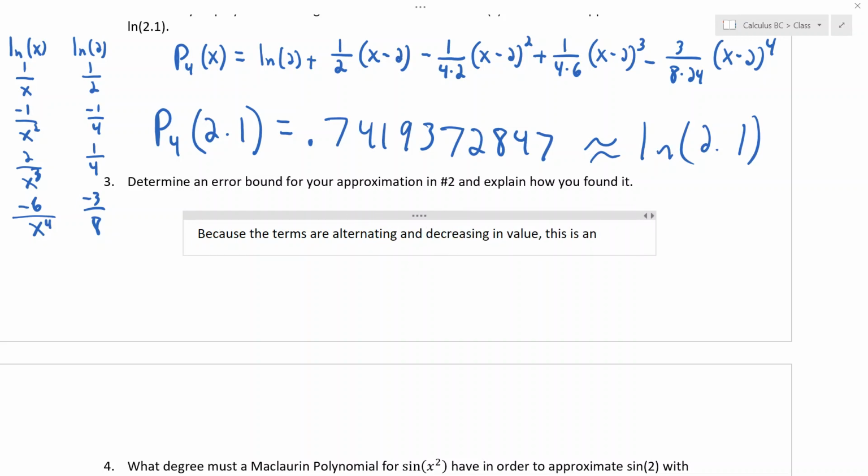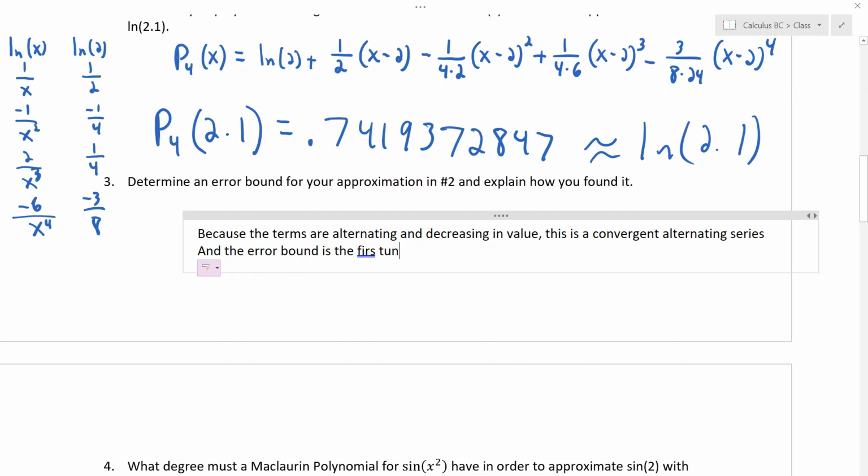This is a convergent alternating series, and the error bound is the first unused term.